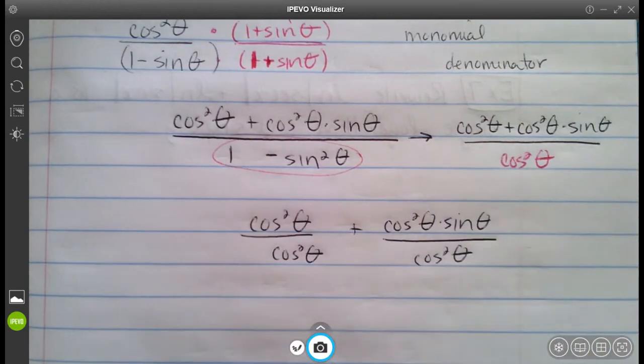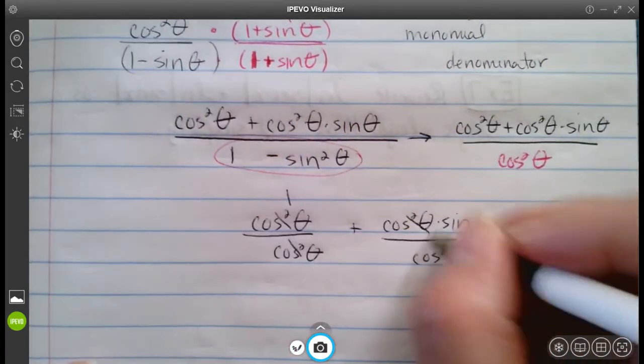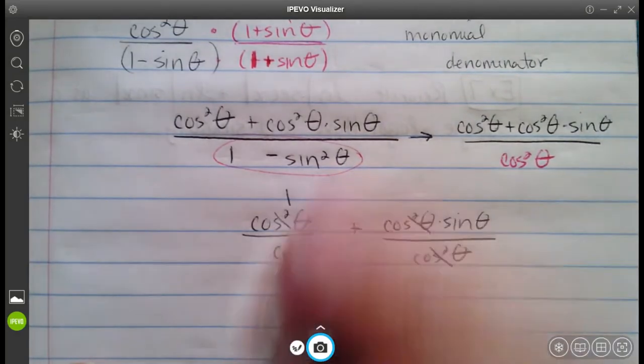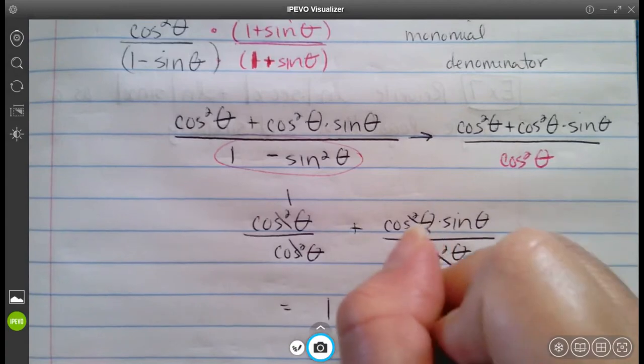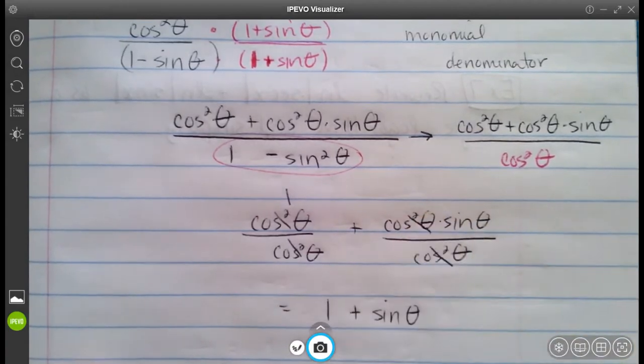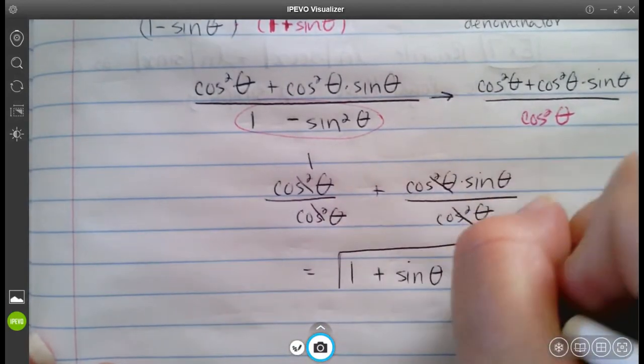So I'm just breaking it up into two fractions. This is going to give us a 1. This is going to be gone, and we're just left with sine. So it looks like our answer is going to be 1 plus sine of theta. And that is it. That's the answer for this one.